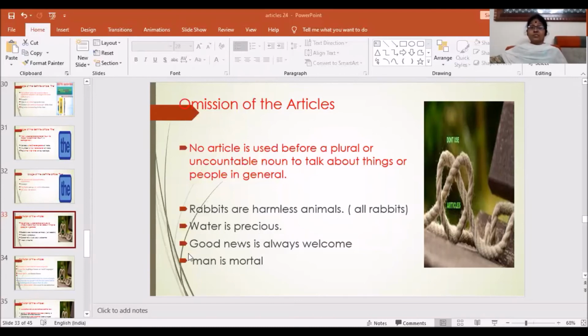Water is precious. Good news is always welcome. Man is mortal. So these examples tell us that no article is used before a plural or uncountable noun to talk about things or people in general.